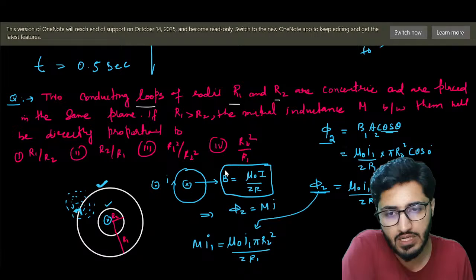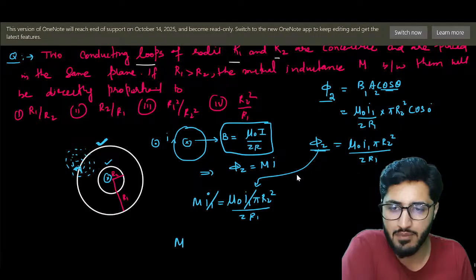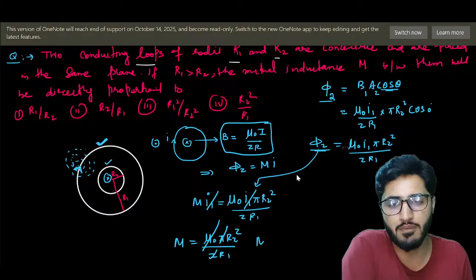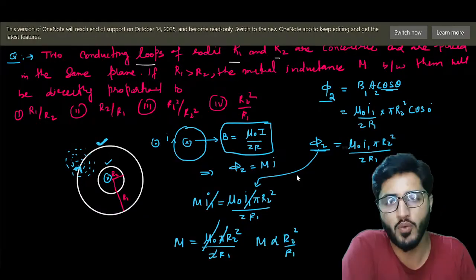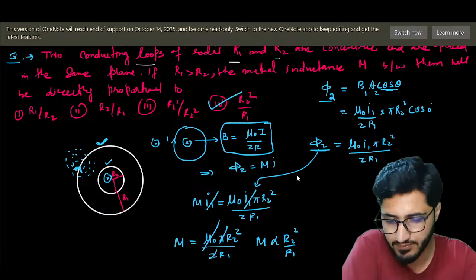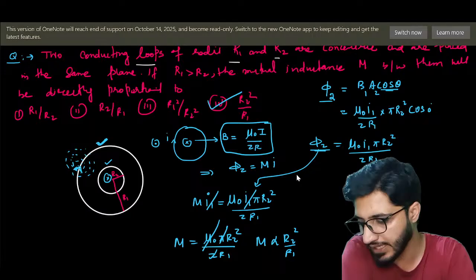I1 cancels out, so M is equal to mu naught pi R2 square divided by 2R1. Mu naught, pi and 2 are constants, so M is proportional to R2 square divided by R1. Option number 4 is the correct option.